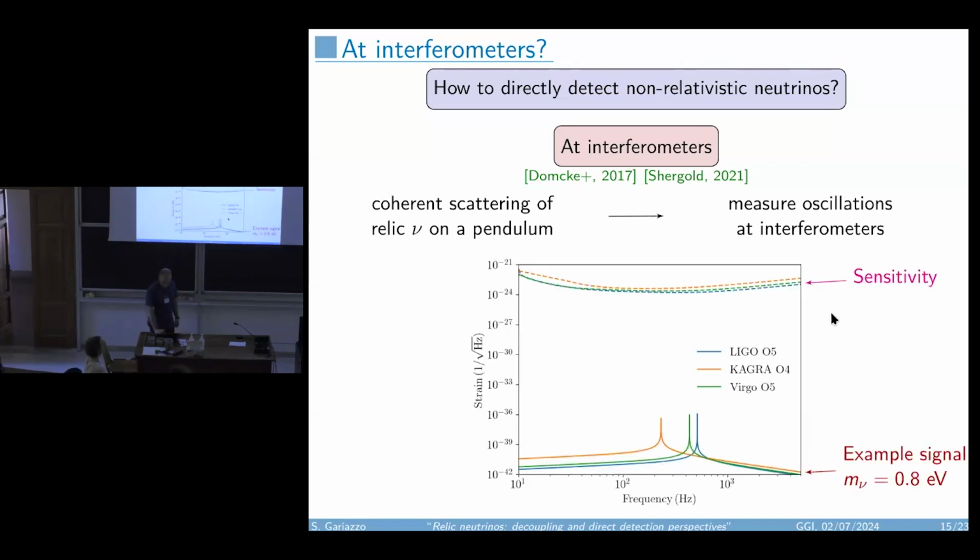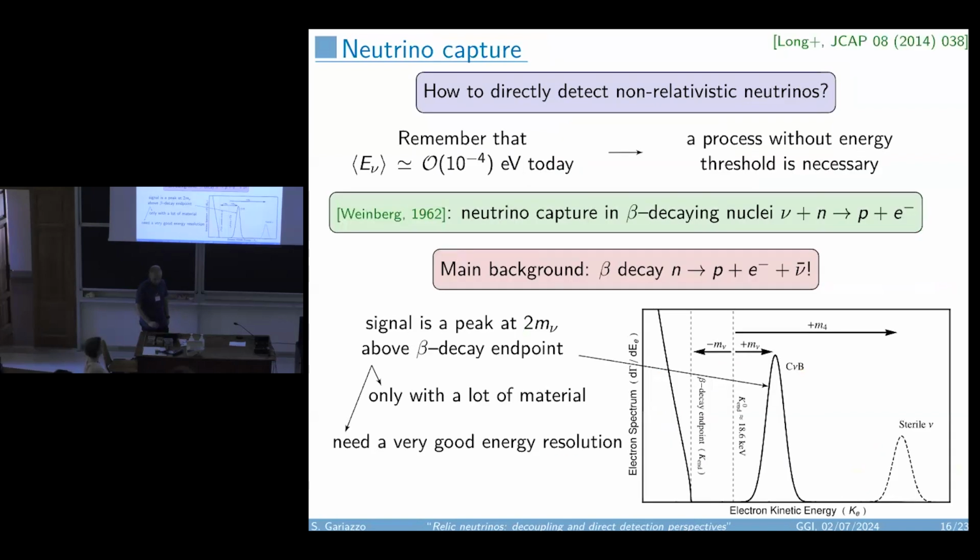Well, also this time it's not really optimistic. You see that the sensitivities of LIGO, Virgo, and KAGRA are represented here. The signal is, again, several orders of magnitude below. And this more or less concludes the fact that elastic scattering doesn't work. Let's try a different method.